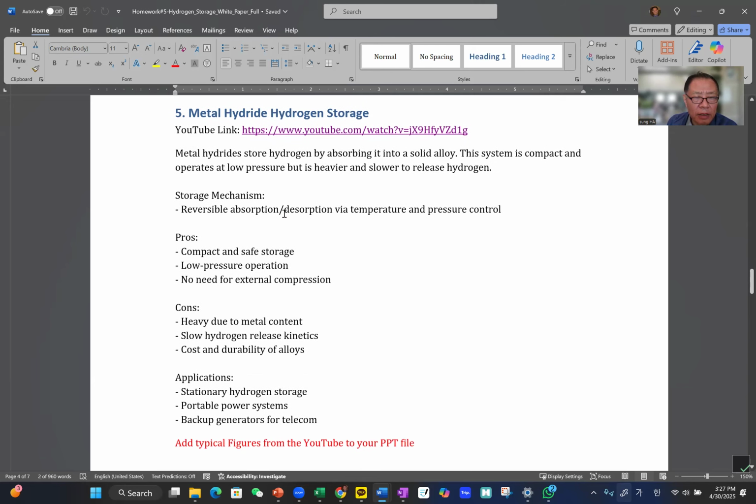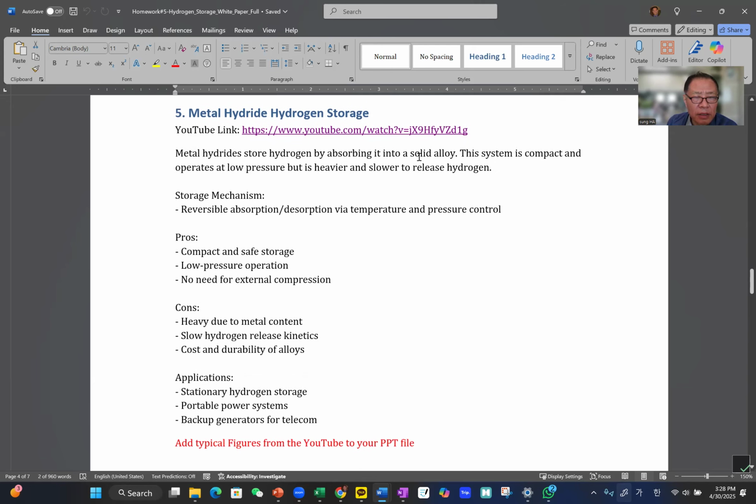But the solid alloy itself can be very heavy, and it has a problem releasing the hydrogen. It takes some time to release. That's one of the problems.